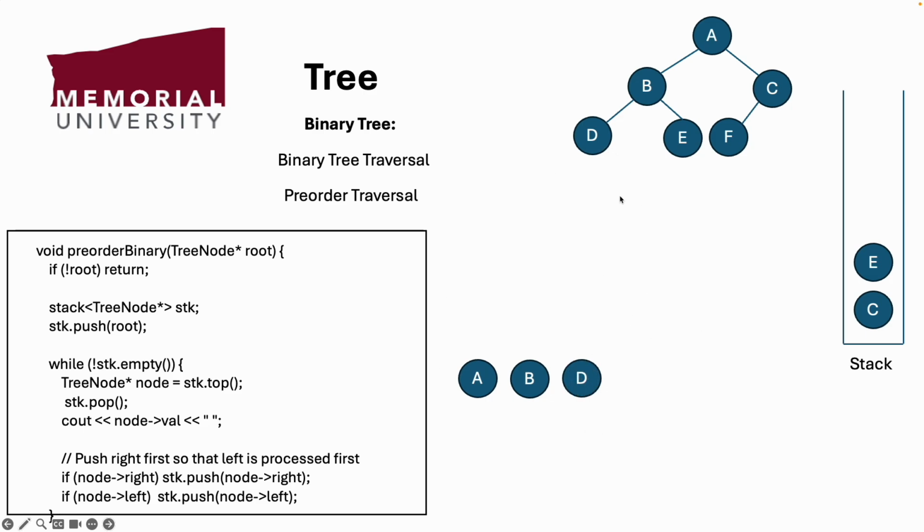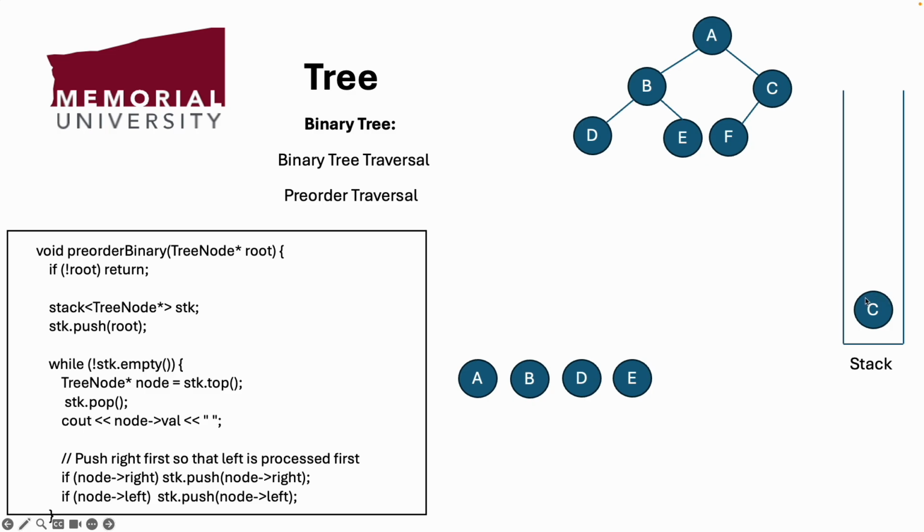Since D doesn't have any child, this does not apply for D. And then the stack is not empty, so the loop keeps going, right? So the new node will be assigned to node E, and E is popped up. I'm going to display it here. For E, they don't have any child, so this does not apply for E as well.